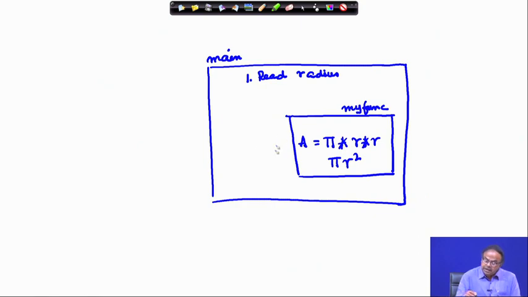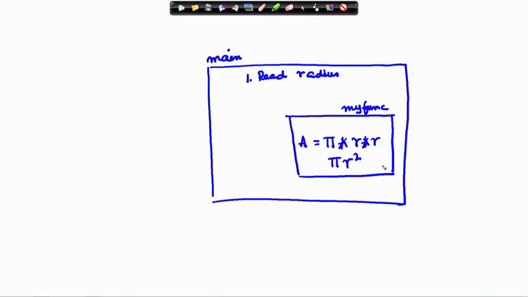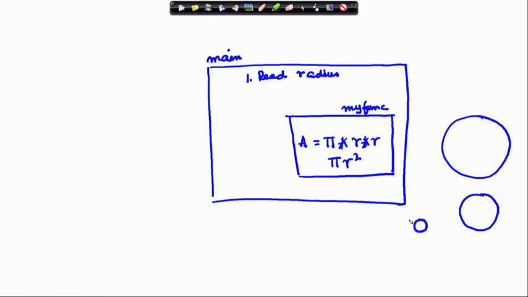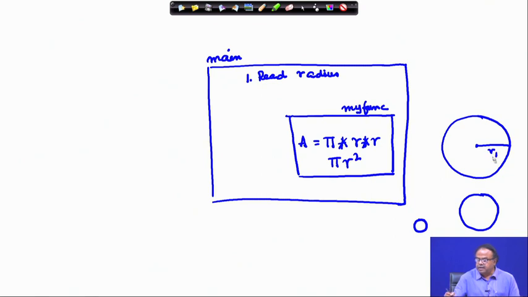But this is a function that can compute the area of any circle. It has been designed so because by pi r square you are not finding the area of only this circle, you can find the area of this circle or maybe this circle. The only thing that is differing is the radius. Here it is one radius, here another radius, here another radius.